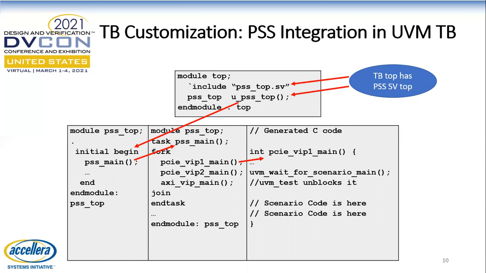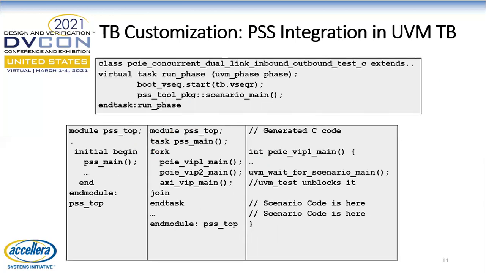That is, the run phase from the UVM test will unblock it. As you can see, in the run phase in the UVM test, after the boot sequence got executed, there is a scenario main called, which is unblocking the C's UVM wait for scenario main, and then the generated scenario gets executed.